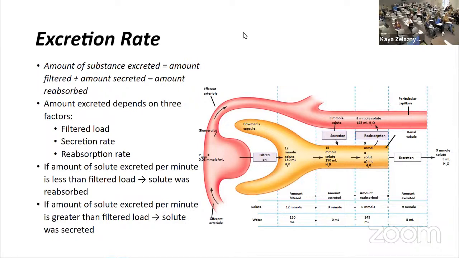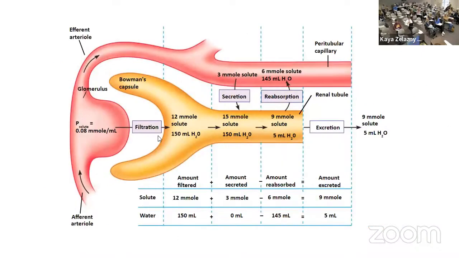And then using those two numbers, you can figure out if in the middle overall, you are reabsorbing more of it, so taking more of it back into your body, or secreting more of it, adding more additionally onto the filtrate. So this is just an example of how you might run through that with the excretion rate.